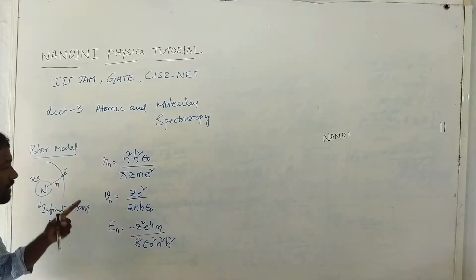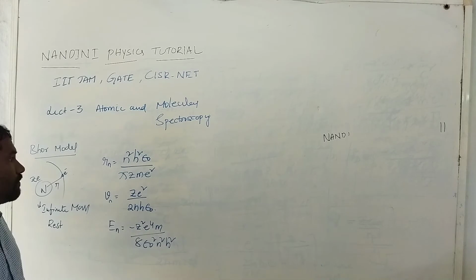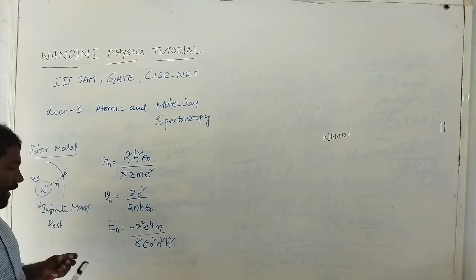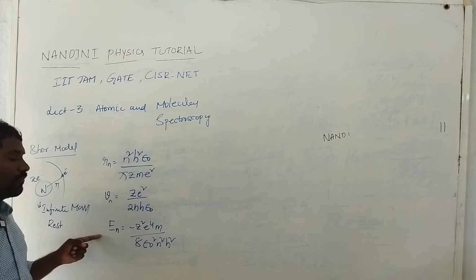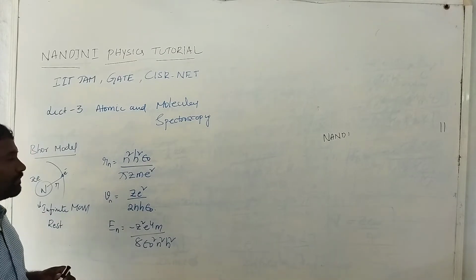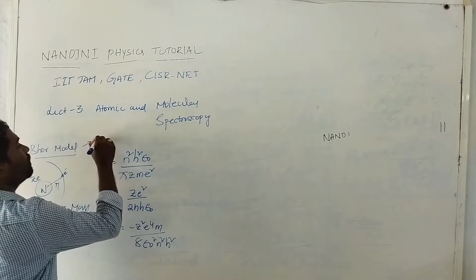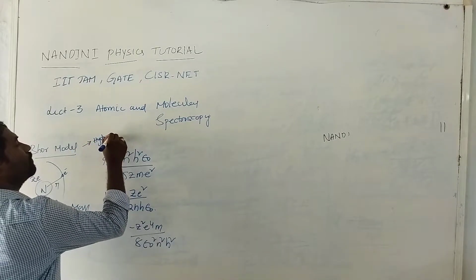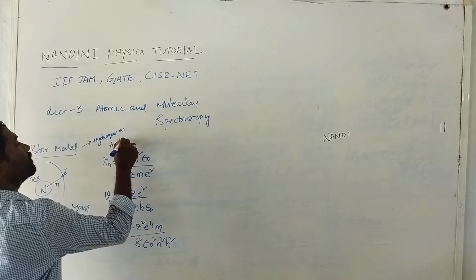So these are the formulas derived in the previous class. This is the radius of the atom, velocity of the atom, and energy of the hydrogen atom. The Bohr model is applicable for hydrogen or hydrogen-like atoms.